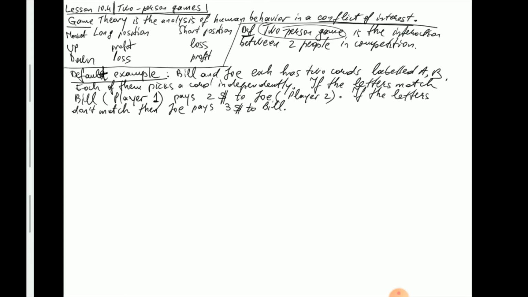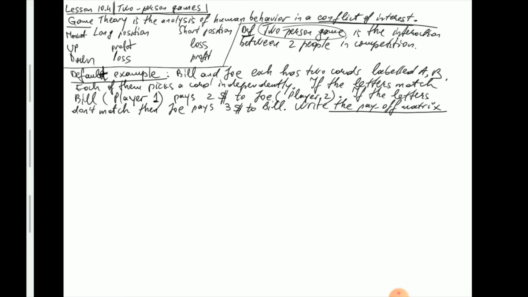So for now, let's write the payoff matrix. Payoff matrix basically is the best way to arrange and illustrate what happens in this game, depending on the choices of Bill and Joe. Each of them has the same choices, right?